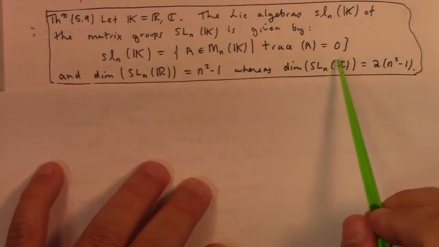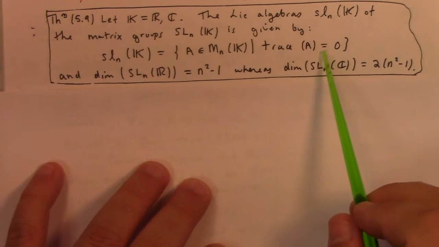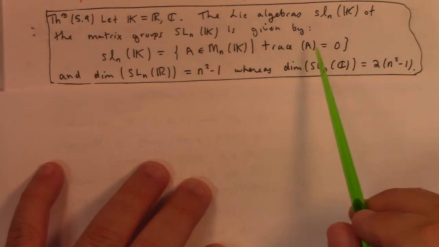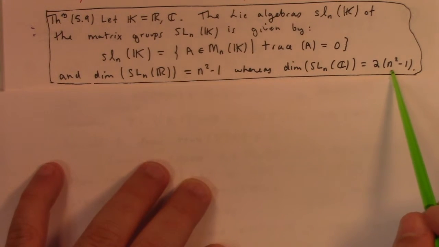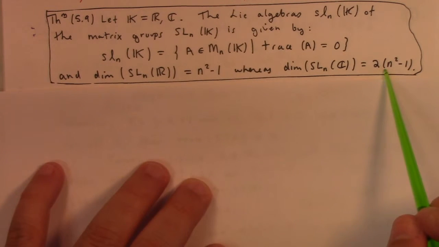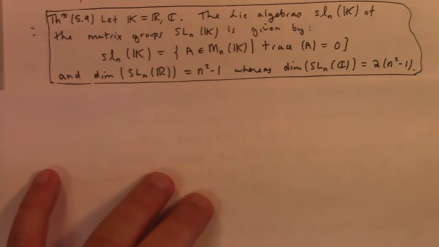I impose the traceless condition, but the traceless condition for a complex matrix is a pair of independent real equations. Thus I reduce the number of degrees of freedom by 2. So what I have is 2n squared minus 1, or 2n squared. I think it should be 4. Oh man, I don't believe that.